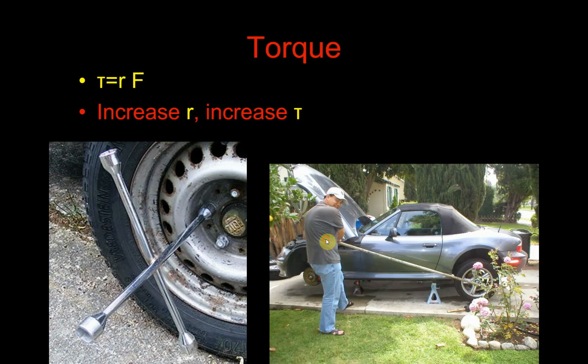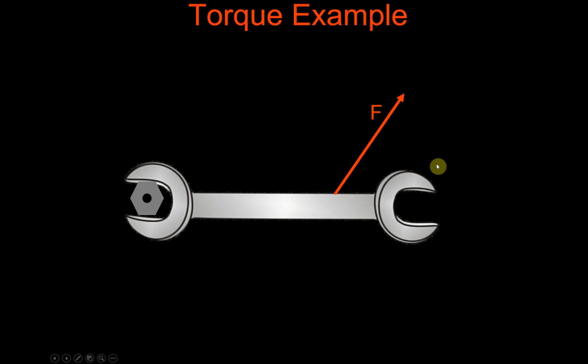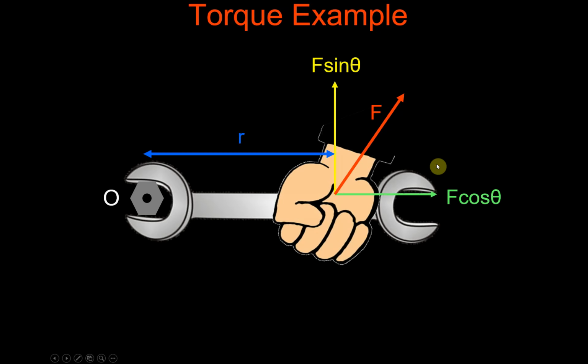So if we're looking at something like a wrench, here we have our wrench. Here we have our nut that we're applying the wrench to. We're applying a force then at some angle. If we apply a force, we would have essentially two components, an x component and a y component.